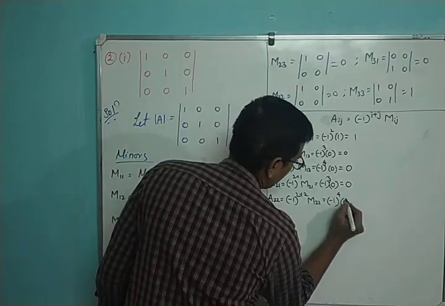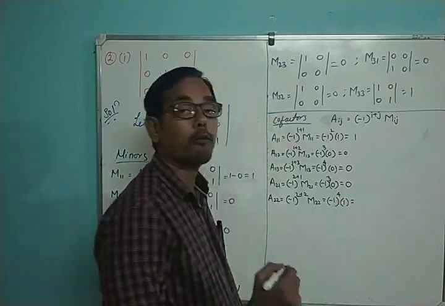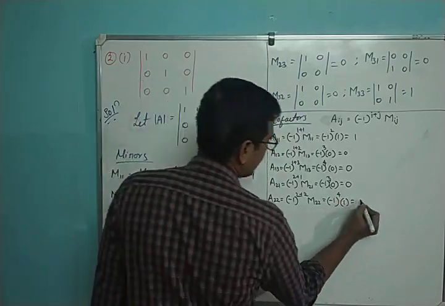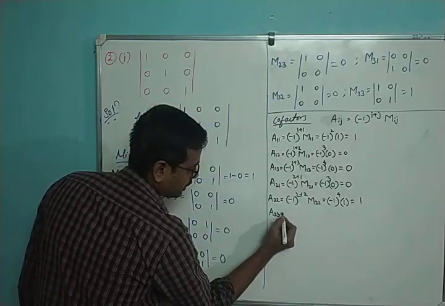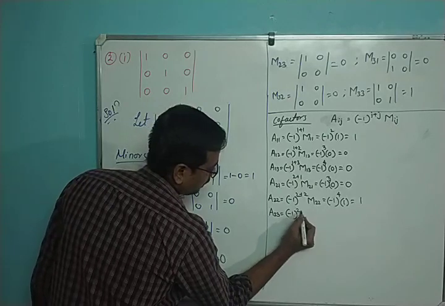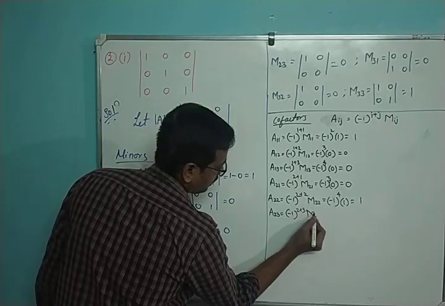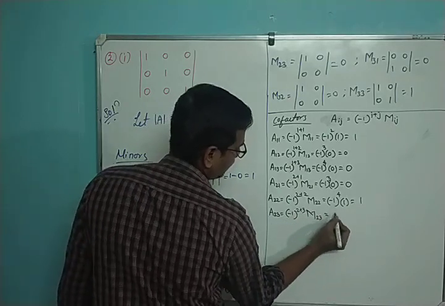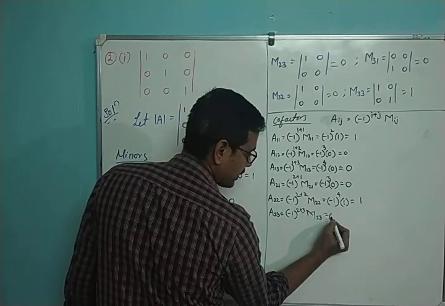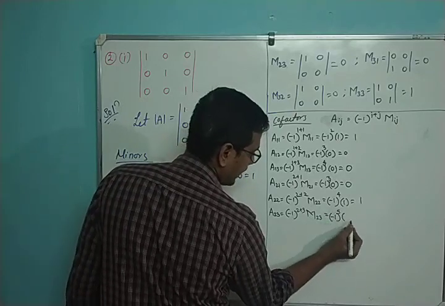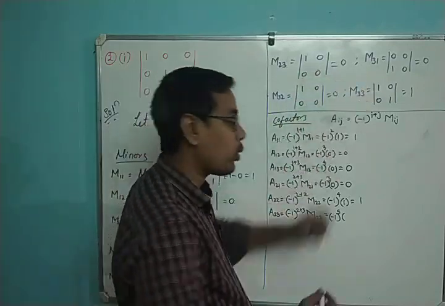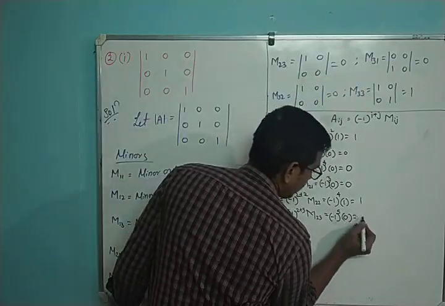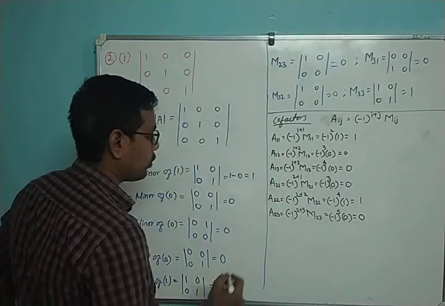M22 is 1. So minus 1 to the power 4 is plus 1. Plus 1 into 1 is plus 1. A23 is minus 1 to the power 2 plus 3 into M23. So minus 1 to the power 5 into M23. M23 is 0. So it is equal to 0.